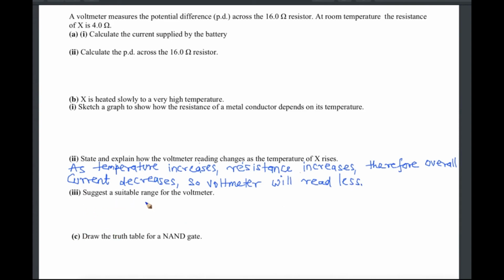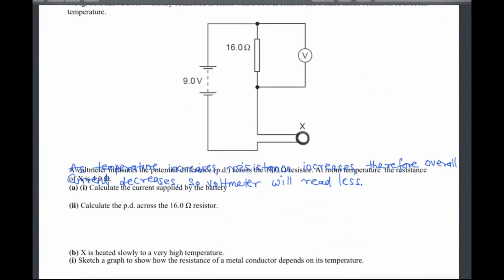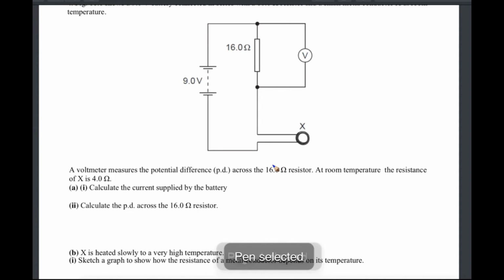Next, suggest a suitable range for the voltmeter. So here minimum it would be 1 ohm, and maximum let's consider 100 ohm if temperature is very high.